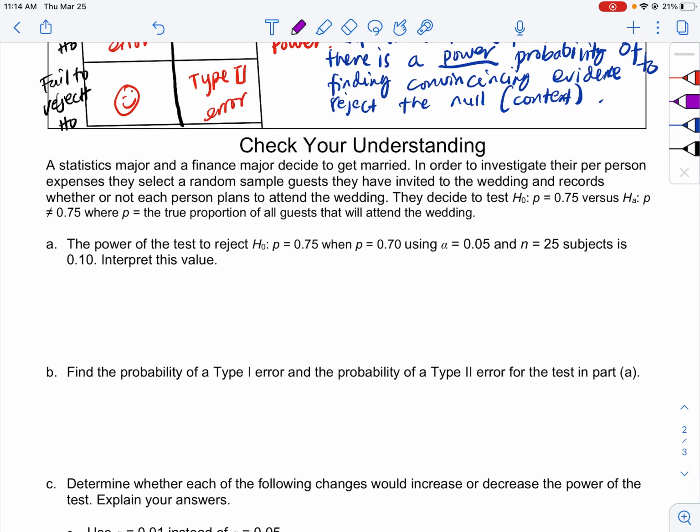Our alternative is not equal to 75%, because they're unsure if more than 75% or less than 75% will attend. P is the true proportion of all guests that will attend the wedding. The power of the test to reject the null, p = 0.75, when p is the true value.